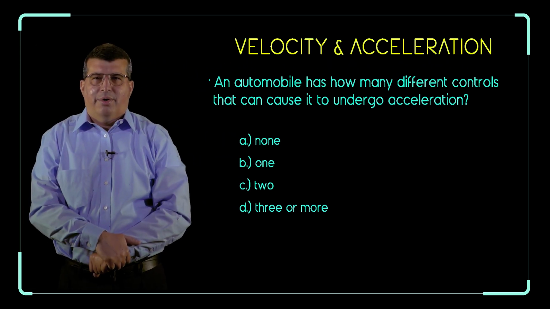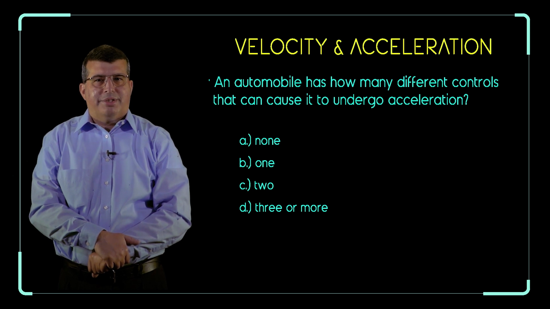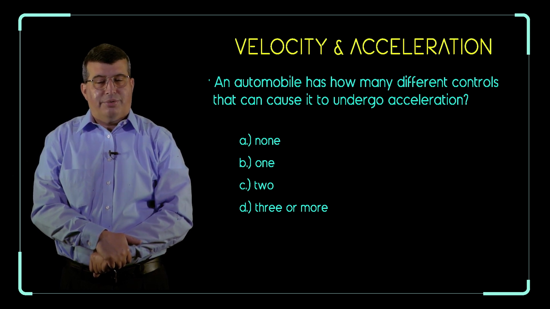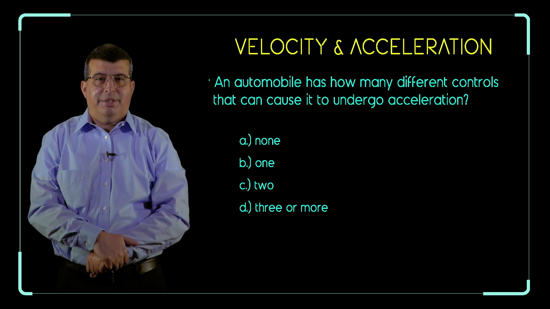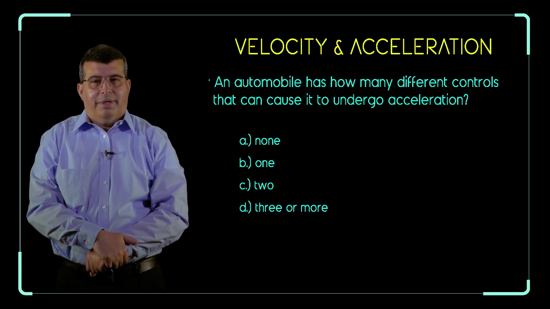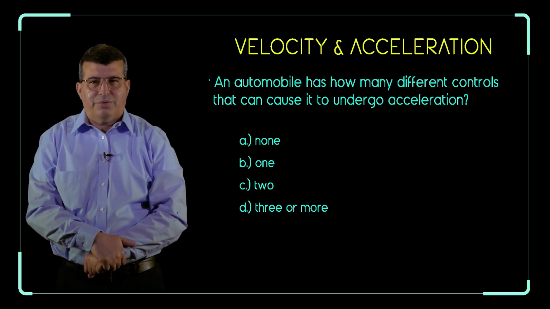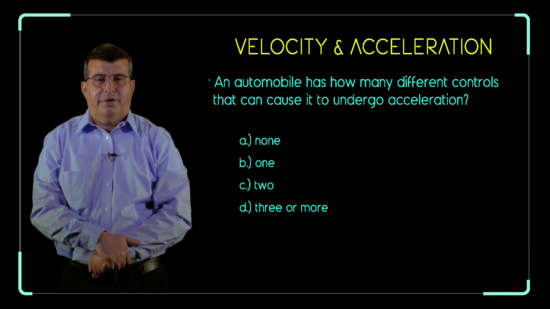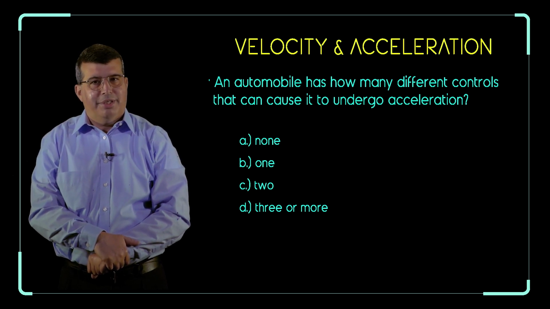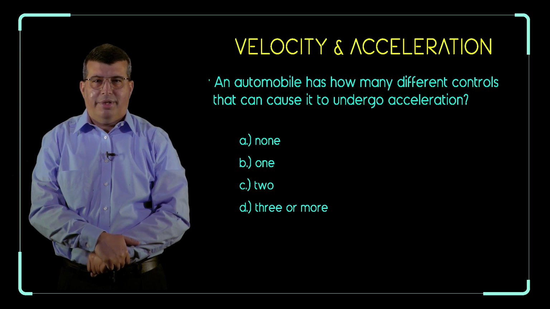Okay, remember, what is acceleration? Acceleration is a change in speed, so an increase or decrease in speed, or a change in direction. So how many controls do you have in the automobile that can cause it to increase speed, decrease speed, or change its direction? Well, you have the accelerator. That will cause your car to speed up.